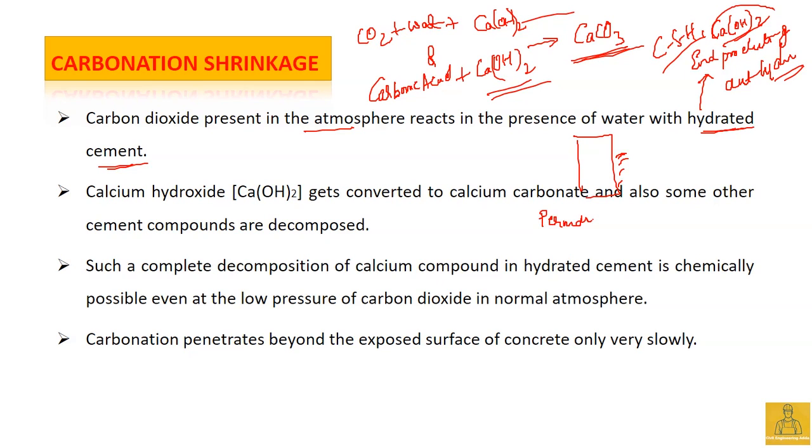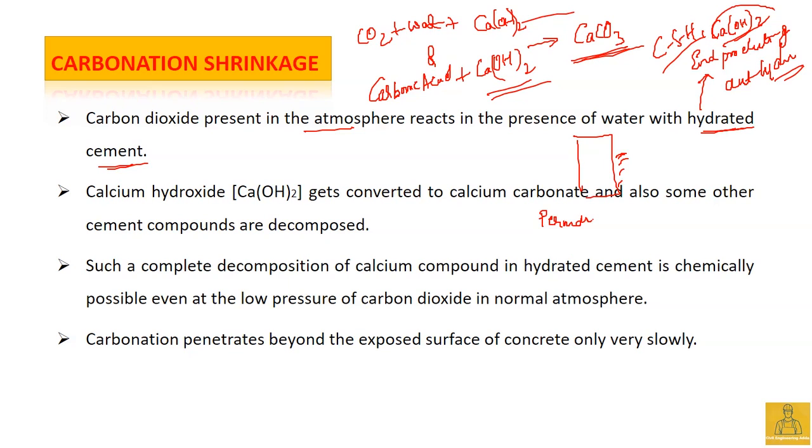Carbon dioxide is the main compound for carbonic acid formation. So if the member is subjected to lower CO2 concentrations, that will help decrease the carbonation shrinkage. And relative humidity, the difference in humidity between the outside and the concrete, influences the carbonation.